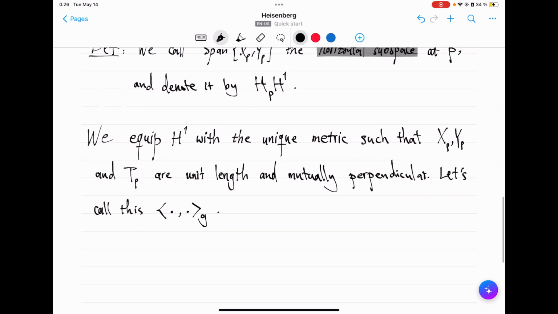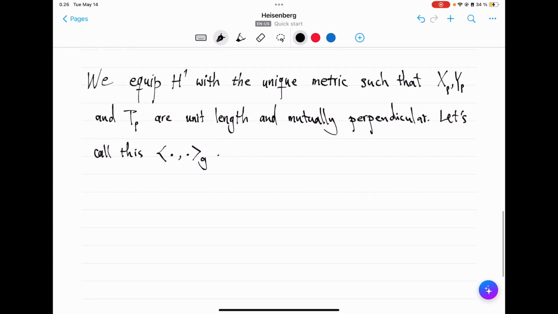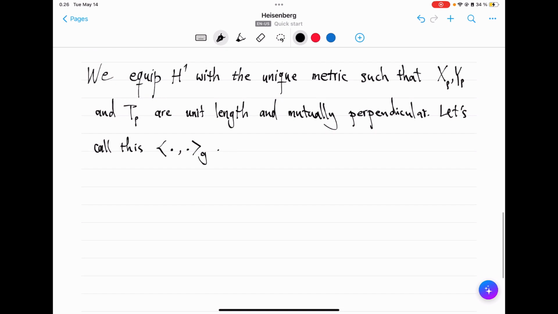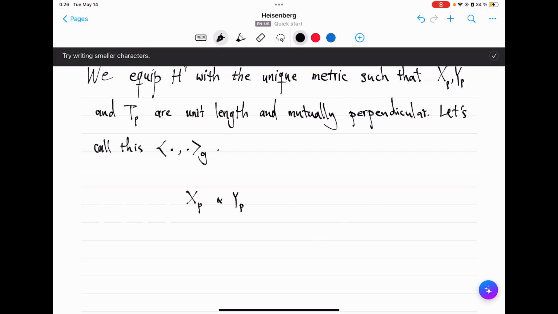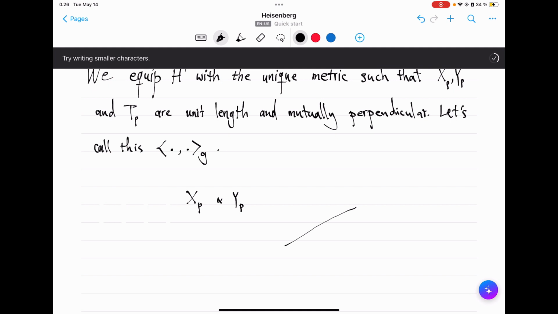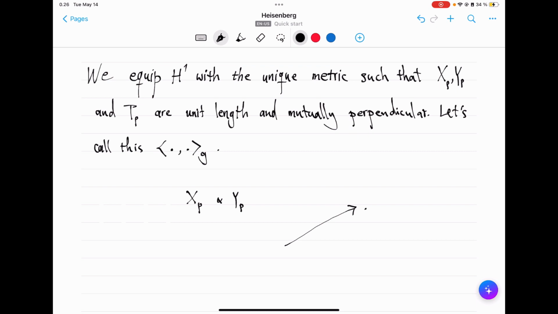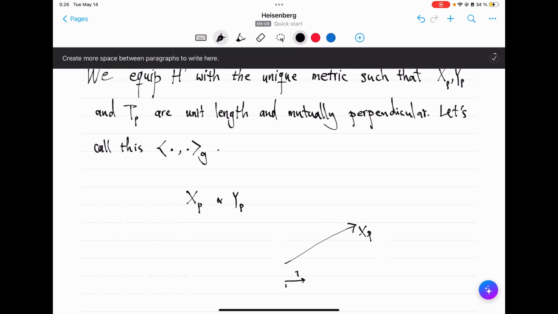So this is a very important departure from Euclidean space. The vectors xp and yp, as we saw above, would be very long if we just worked with the standard inner product. Let's say this is my unit 1, the scale 1 from the Euclidean point of view.